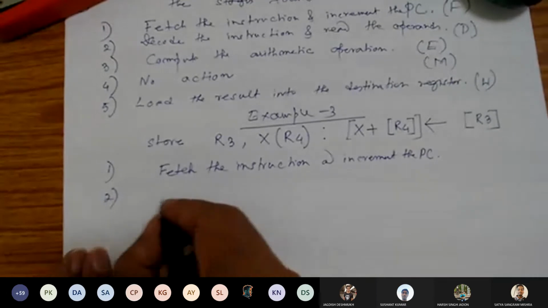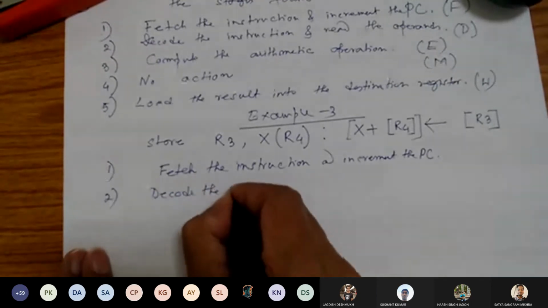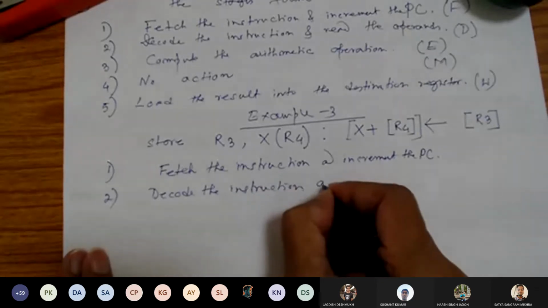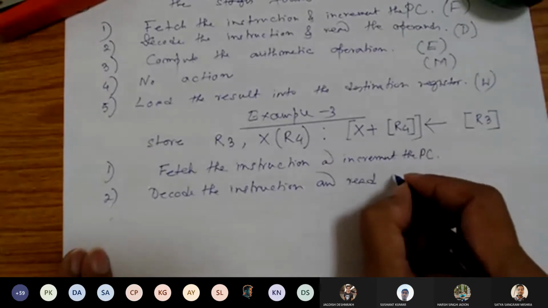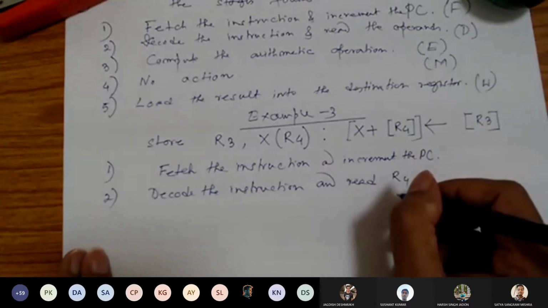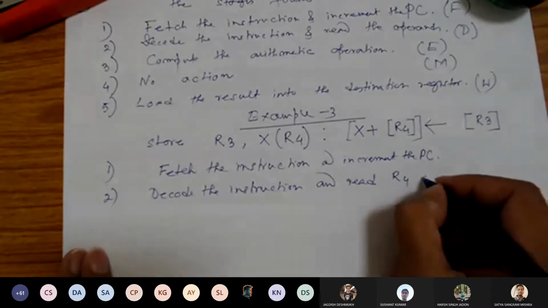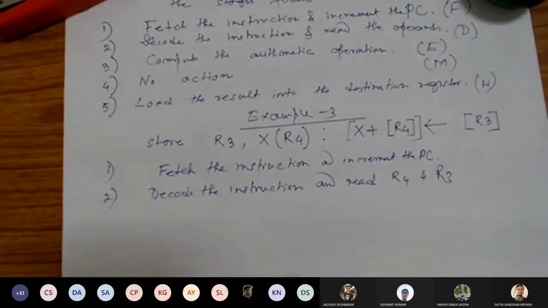Second one is decode the instruction and read R4 and R3.